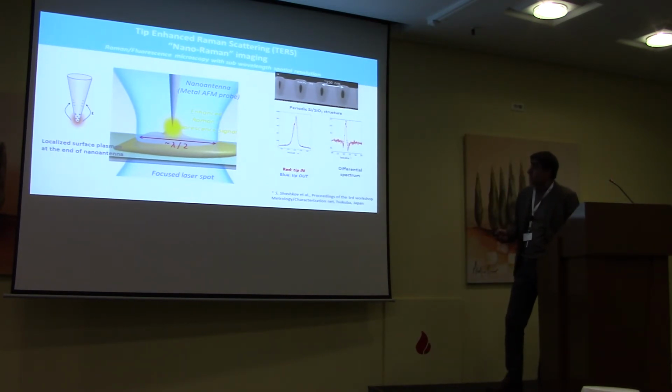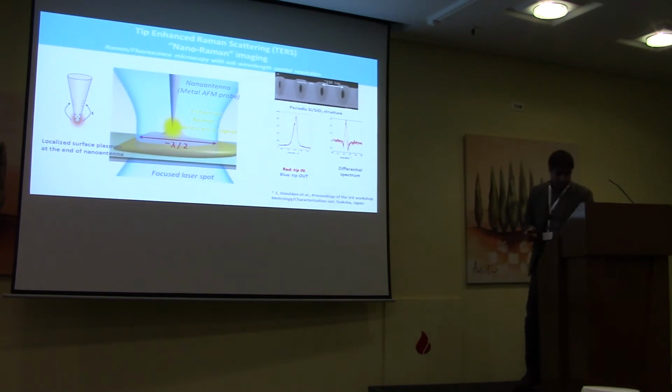With the normal Raman spectra, you have a resolution which is optically limited, lambda by 2 depending on the wavelength. Here we can get resolution around 10 nanometers, and this is the periodic structure of silicon dioxide that we see in the signals of silicon and silicon dioxide.